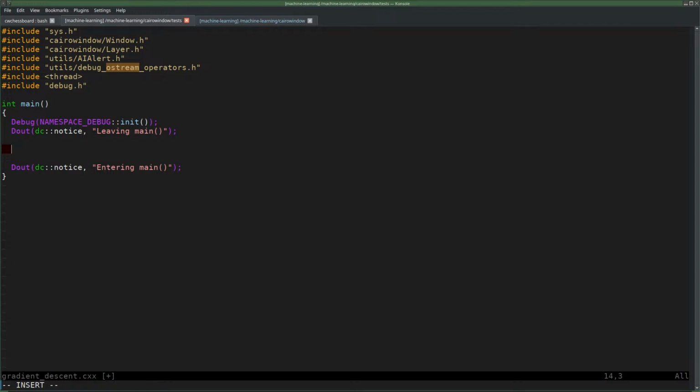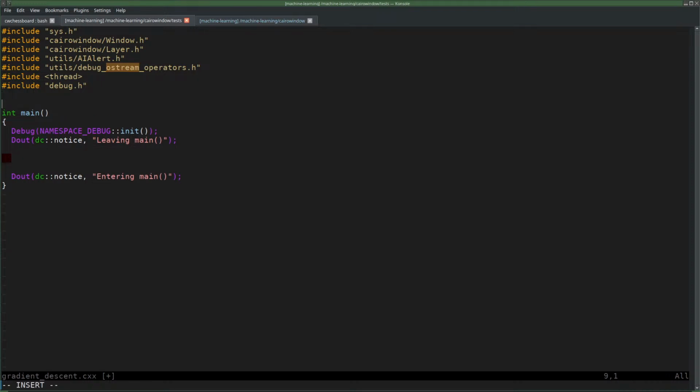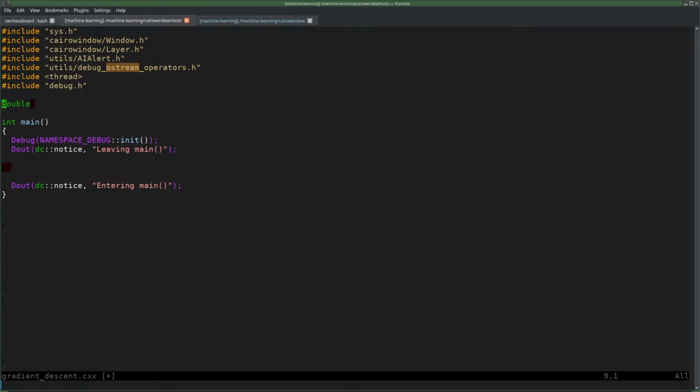Let's define a function. Double. Yeah, the colors are pretty as usual.